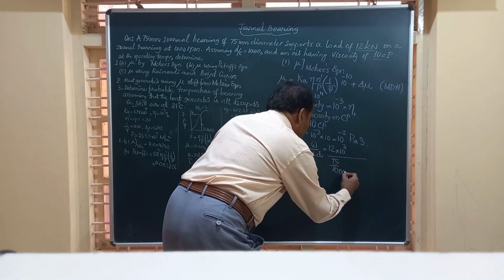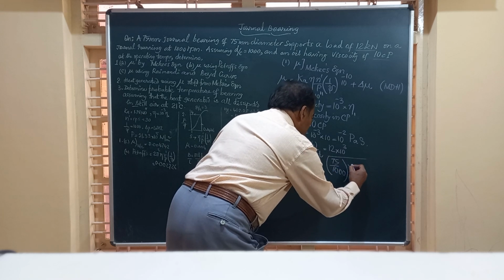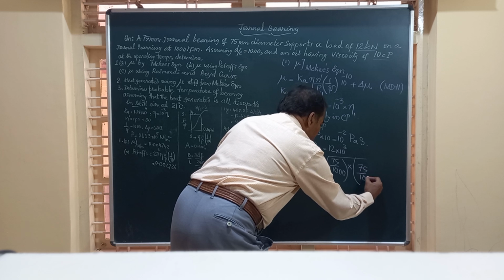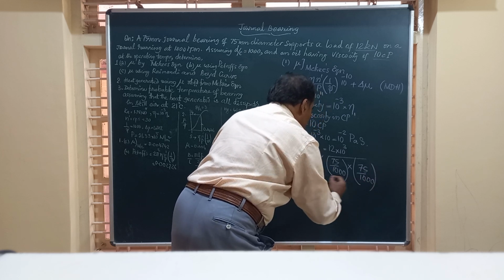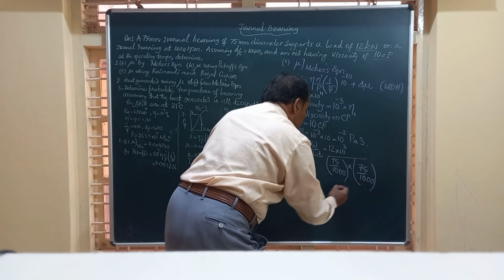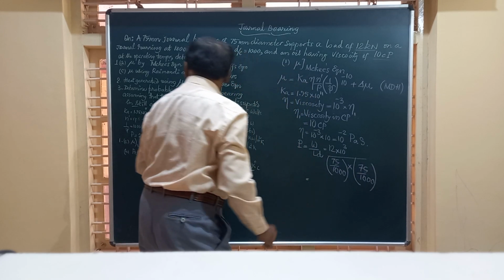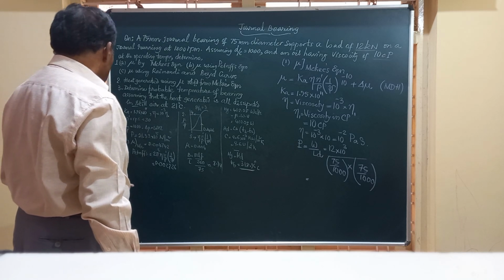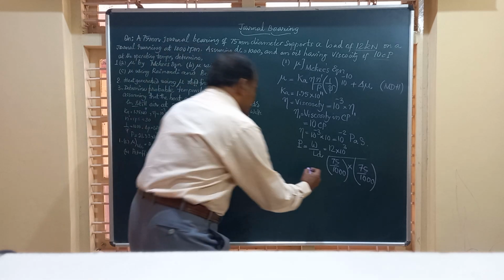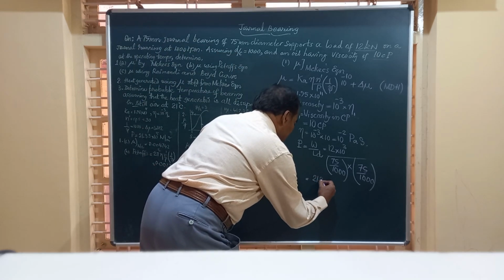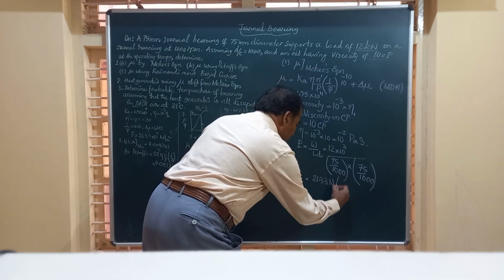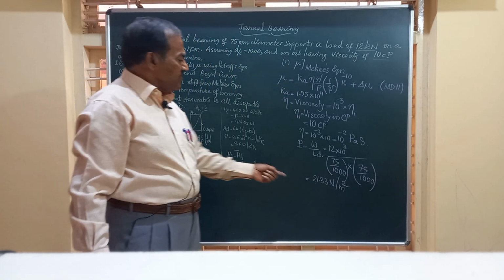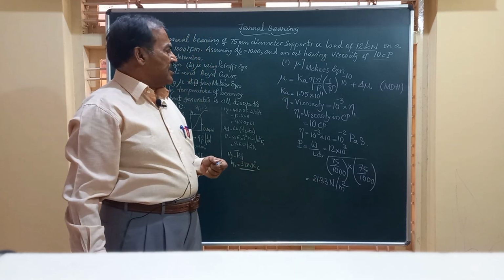This has to be converted to meter. Similarly, the diameter is also 75 divided by 1000. So friends, this value of P after simplification works out to 21.33 Newton per meter square, because the values of L and D are converted to meter, and hence you get that value.